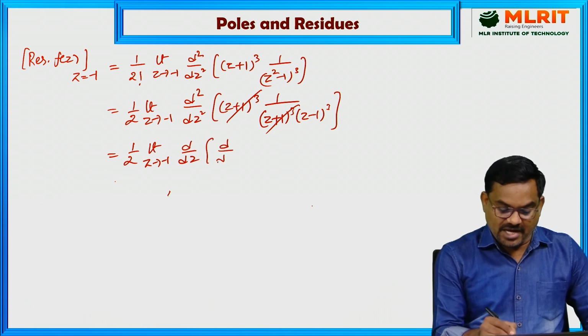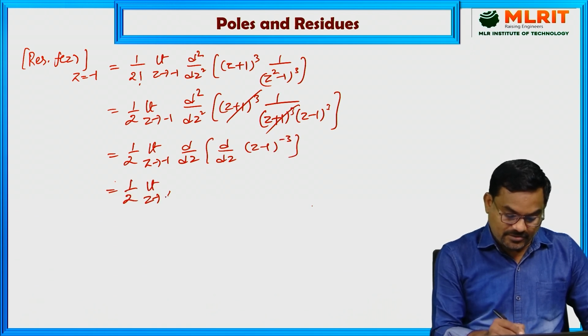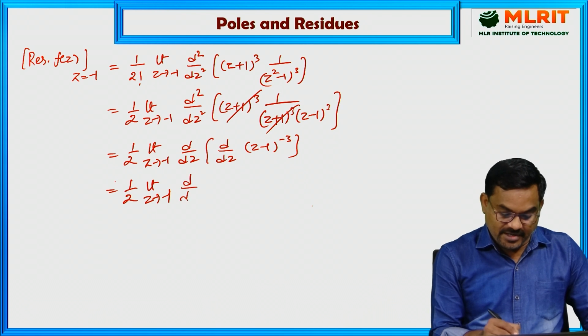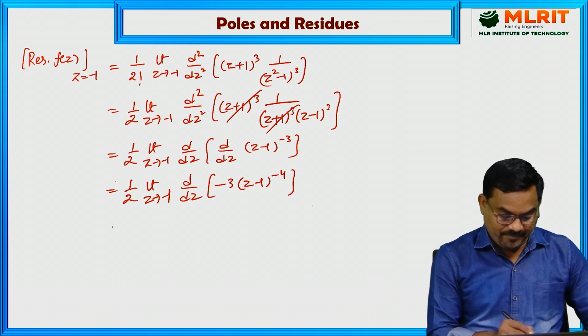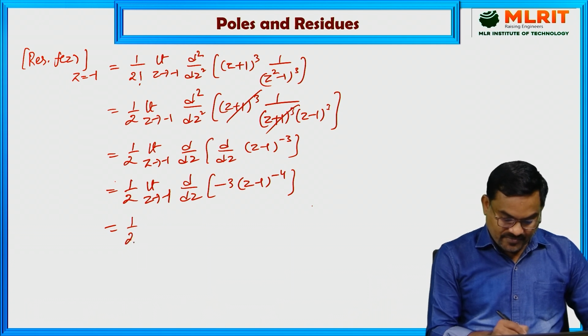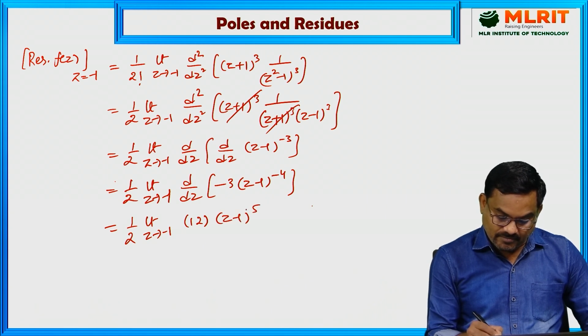Now we have to differentiate twice. The first time derivative of (z minus 1) power minus 3, half into limit z tends to minus 1 d by dz of minus 3 (z minus 1) power minus 4. So again half into limit z tends to minus 1, this is 12 into (z minus 1) power minus 5.